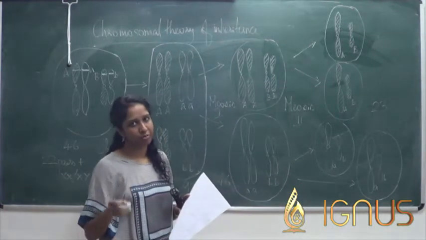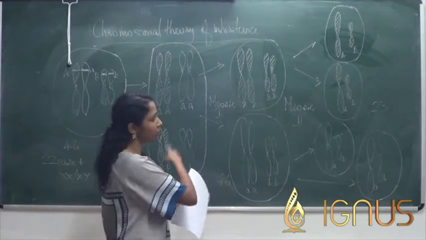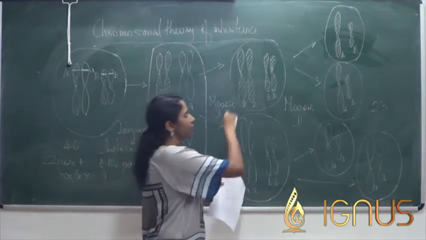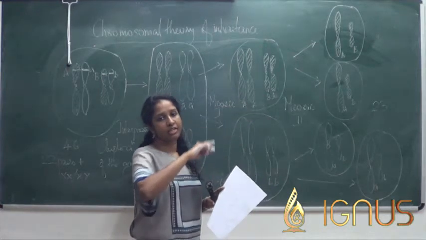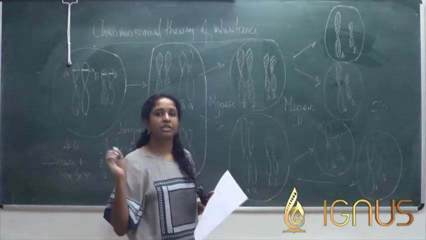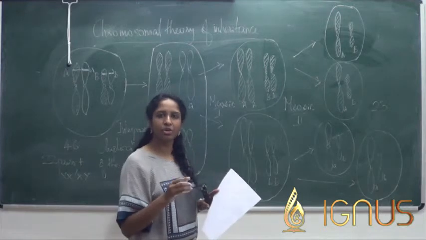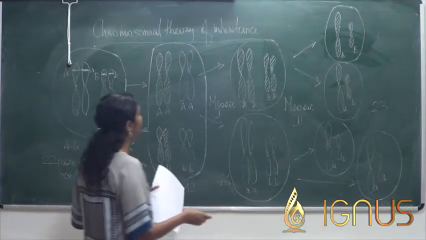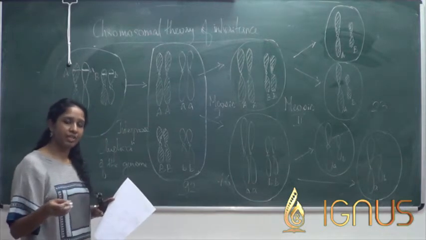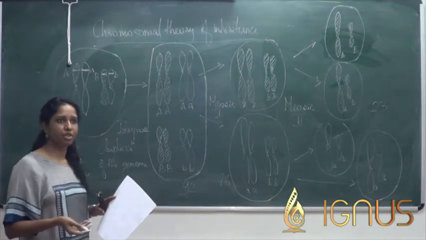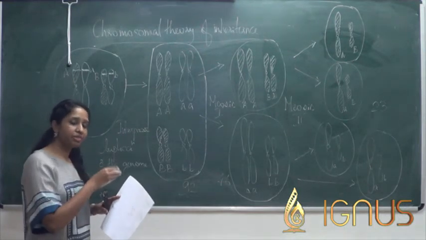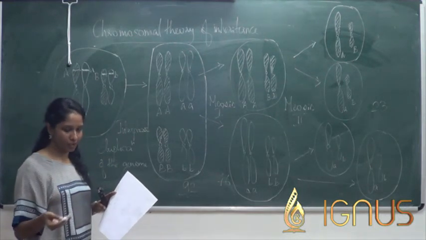At gamete formation, the chromosomes are segregated, and therefore each allele is going to get integrated into a different gamete. And there you have the segregation taking place. So this is how the chromosomal theory of inheritance is a physical proof, at a cellular, cytological level, for all of the theories that Mendel postulated.